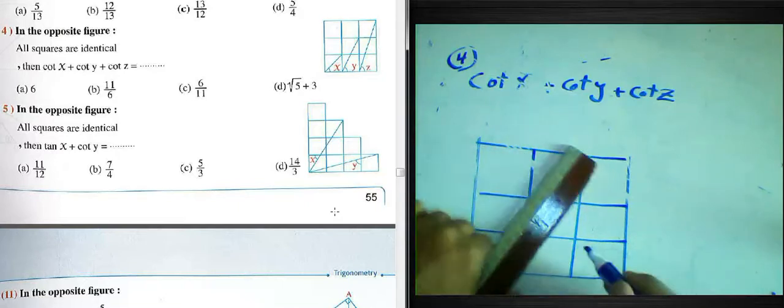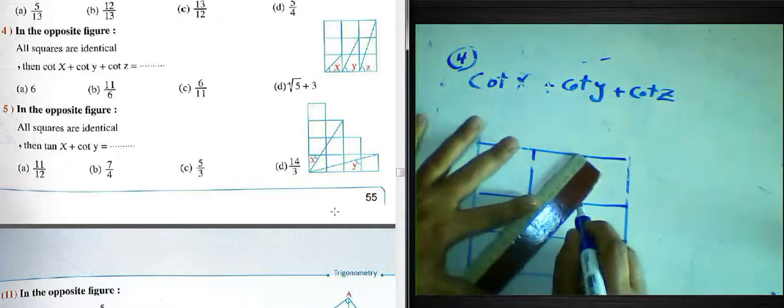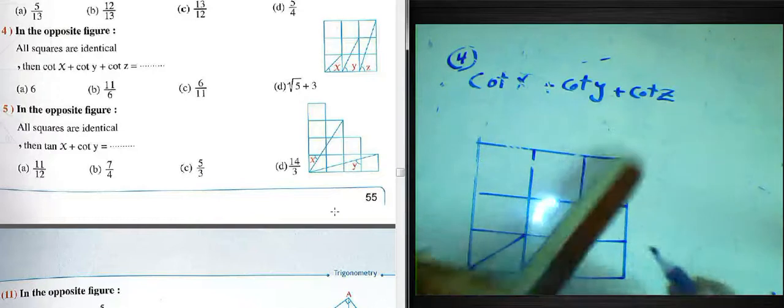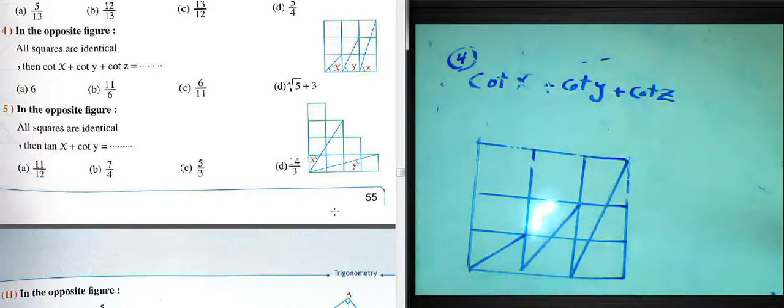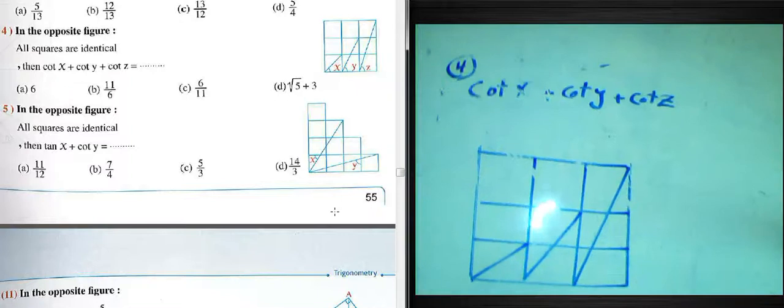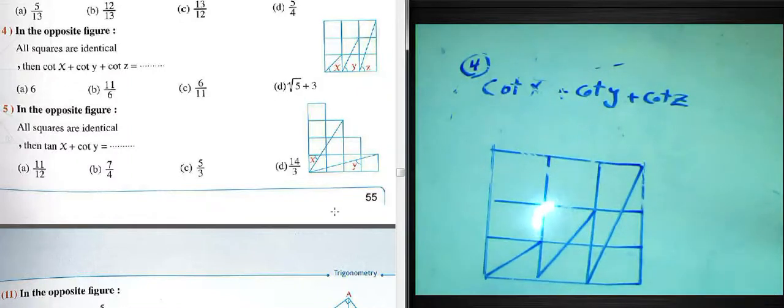This angle was x, this angle y, and this angle was z. We want to find cotan x plus cotan y plus cotan z.